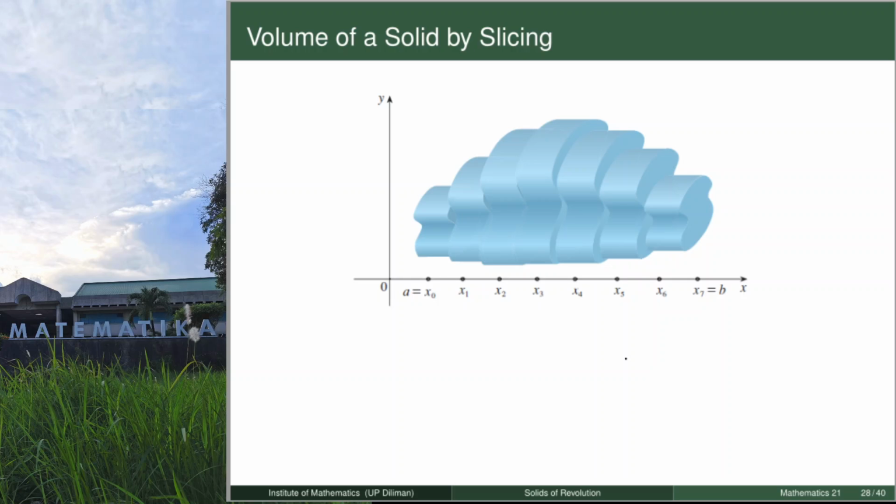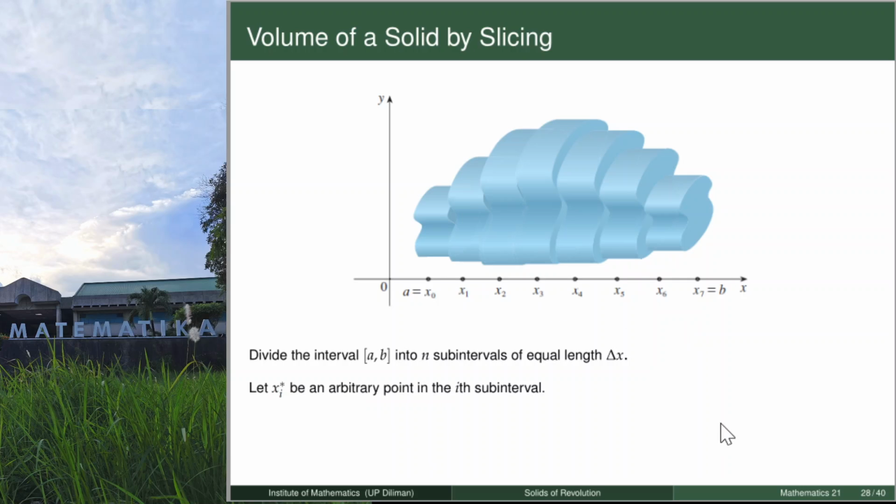Let us review the story. First, we divide the interval [a, b] into n subintervals of equal length delta x. So all of these have lengths delta x. Then we choose an arbitrary point x_i star in the ith subinterval. Remember, each subinterval here will correspond to a cylinder.